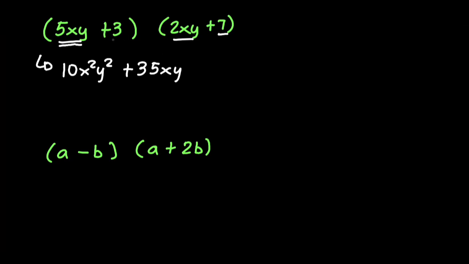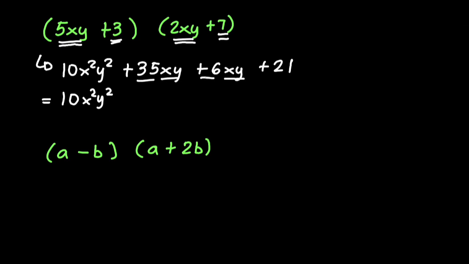And now multiply 3 by 2xy. 3 multiplied by 2 would be 6xy. And multiply 3 by 7. 3 times 7 is 21. So now combine like terms, which is xy and xy. So it would be 10x squared y squared. 35 plus 6 would be 41xy plus 21.